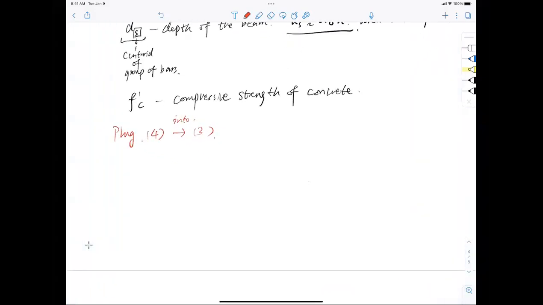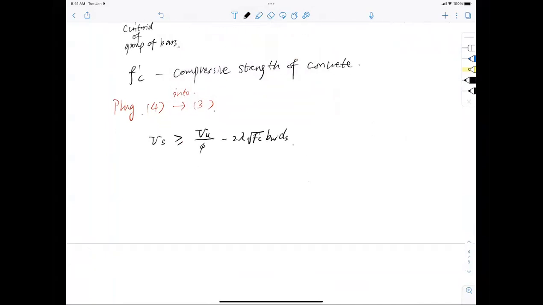What you have now is Vs, shear resistance from steel, has to be greater than or equal to Vu divided by phi, which is 0.75. You know that already, minus 2 lambda square root of F prime C BW ds. Okay. So now all you have to do is find out the shear resistance from steel.